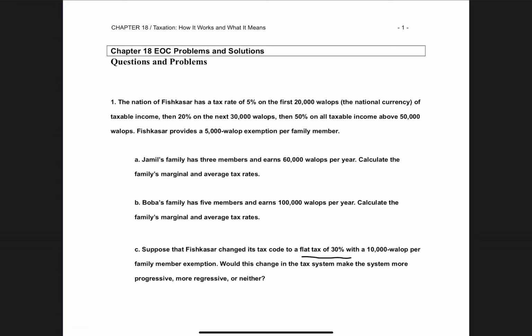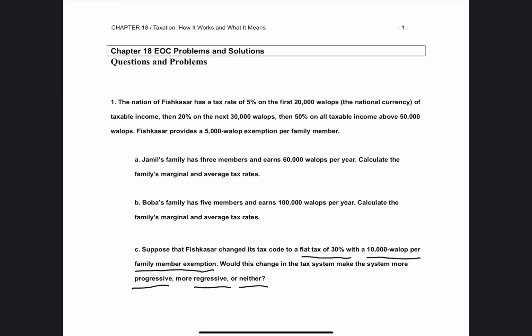In addition, we have not a 5,000, but now a 10,000 family member exemption. The question is, would this change in the tax system make the system more progressive, more regressive, or neither? Or maybe both.